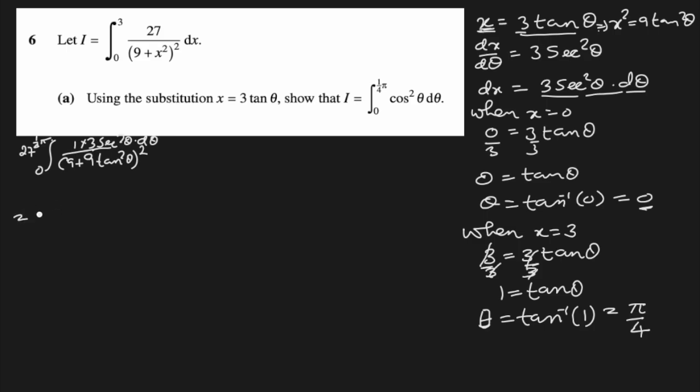27 is out, and we can multiply this 3 also outside, so it becomes 27 times 3, 81, from 0 to 1/4 pi of secant square theta d theta. Now, just like the one in binomial expansion in previous questions, we take this 9 out and divide both by 9.